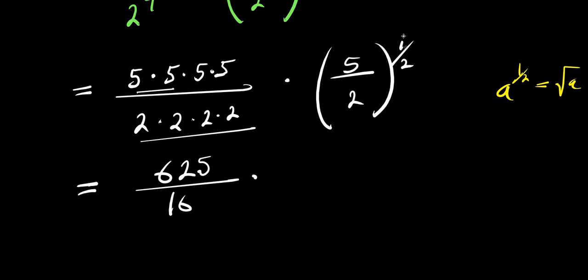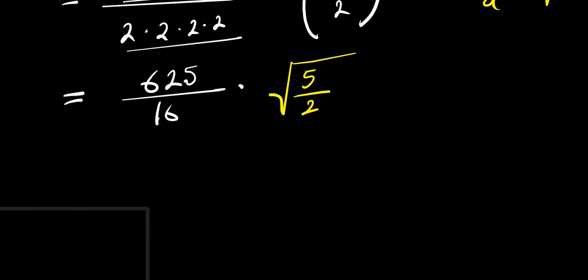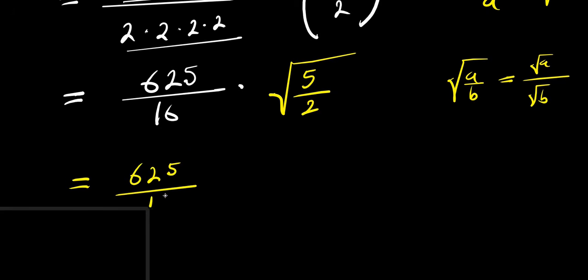So this here means we are going to have the square root of 5 over 2. Now from here, remember, the square root of a divided by b equals the square root of a divided by the square root of b. So we have 625 divided by 16 times the square root of 5 divided by the square root of 2.